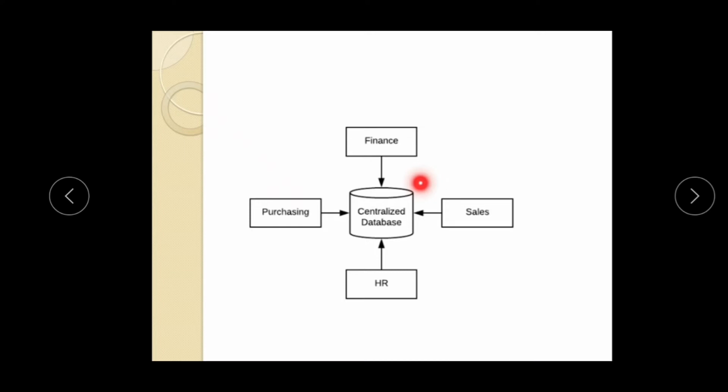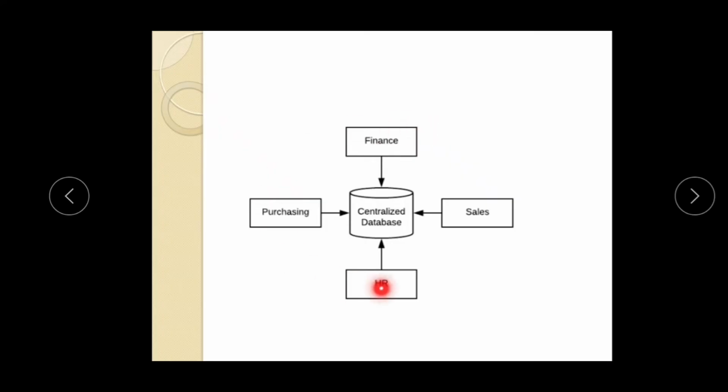They all access this single database. Similarly, a campus management system has a centralized database. Each student, HOD, principal, and administrative officer will be accessing the same database. This is called a centralized DBMS architecture.